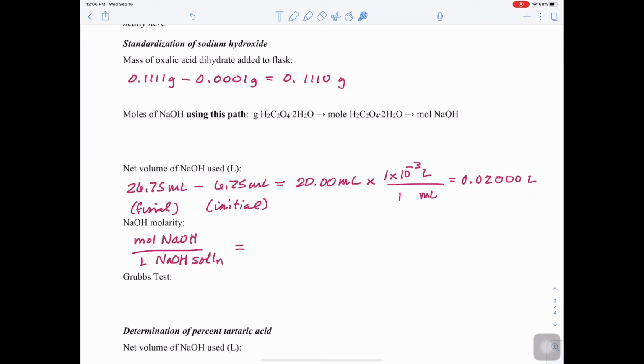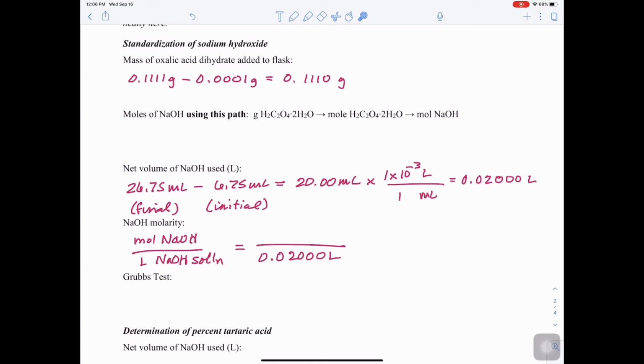Here is your volume of sodium hydroxide solution. And so whatever we got from up here will go here. Do the math, report the molarity with the correct number of significant figures. There should be 4 significant figures and it should be close to 0.1 molar.